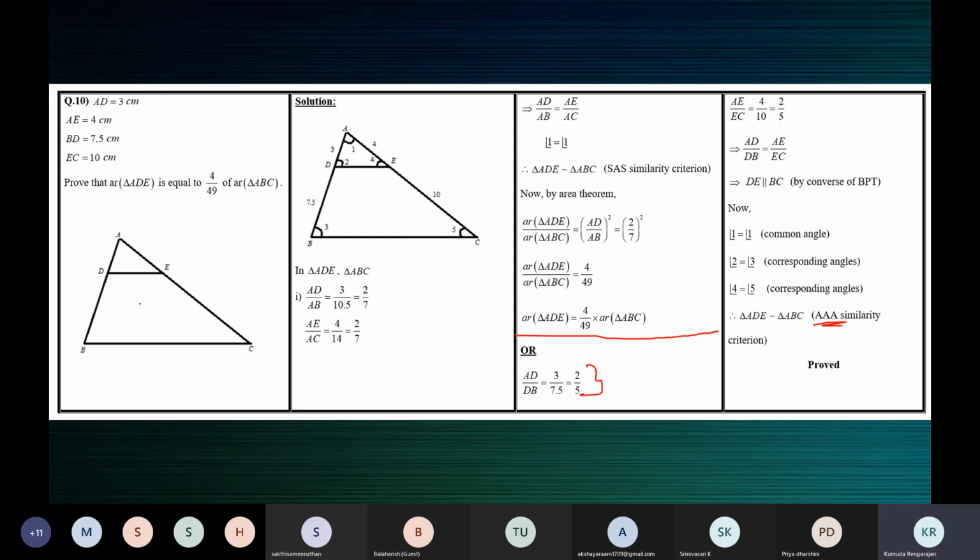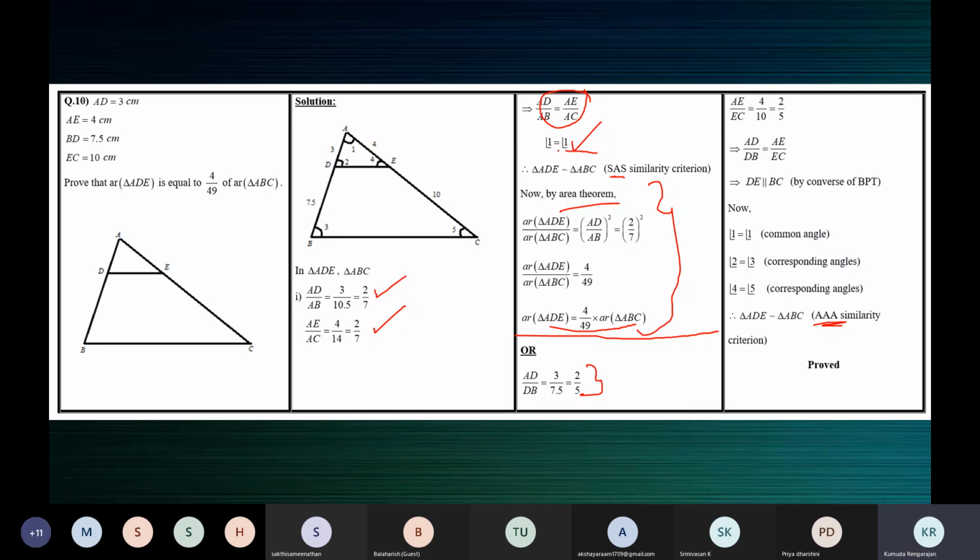To prove that the triangles are similar, I've used the SAS rule: the ratio of the corresponding sides is equal, and the angle is common. By the area theorem, the ratio of areas is the square of the ratio of the corresponding sides, 2 by 7 the whole square. Cross multiply and you get this.